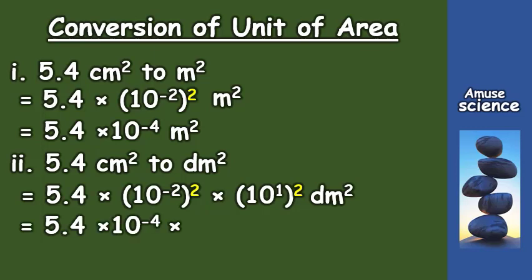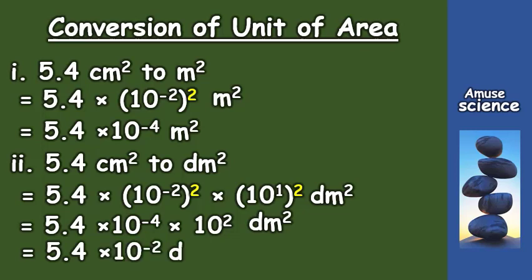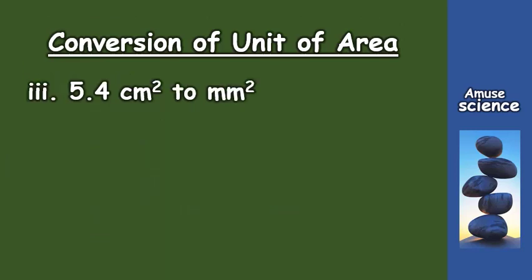We are going to get 5.4 times 10 exponent minus 4 times 10 exponent positive 2, still in decimeter squared. Applying indices finally and getting our final answer, we are going to get 5.4 times 10 exponent minus 2 decimeter squared. The third one, 5.4 centimeter squared to millimeter squared.